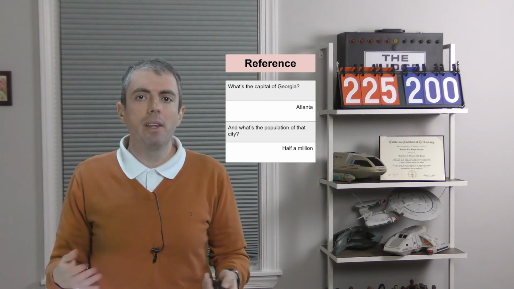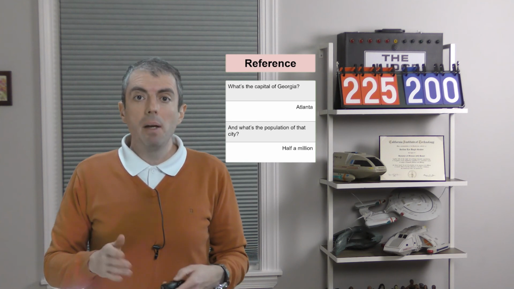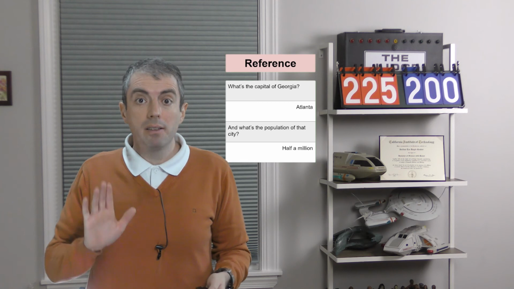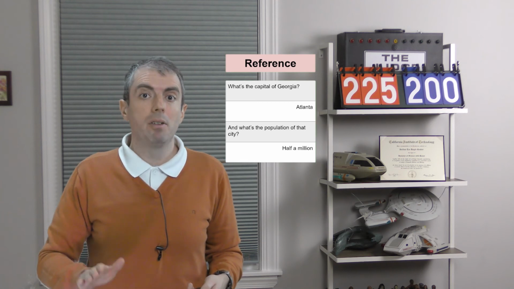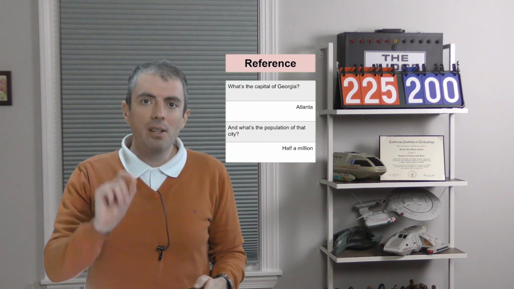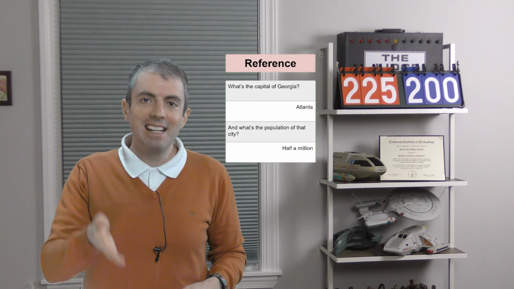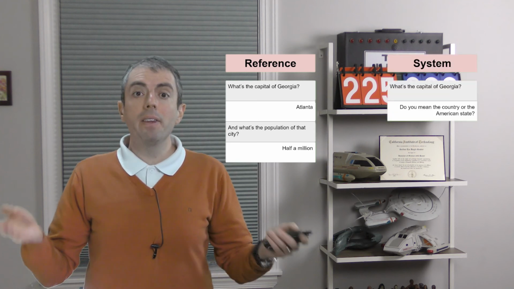In any event, we need to know how bad it is that the system said Tbilisi. And we can't really do that without testing the system with real users. Maybe it isn't great that we said Tbilisi, but it's much better than saying that the capital of Georgia is Peachtree or Washington. But again, we don't know that this is a near miss because it's not in the reference. It can go in the other direction too.